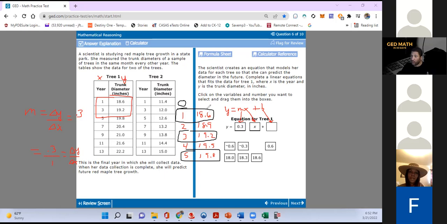So 18.6 minus 0.3 is 18.3. Now, conceptual understanding tells you my y-intercept is when x is 0. So when my x is 0, y is 18.3. Now I have my y-intercept. My equation is going to be y equals 0.3x plus 18.3.